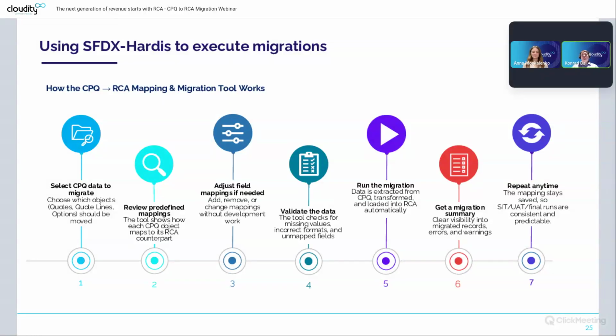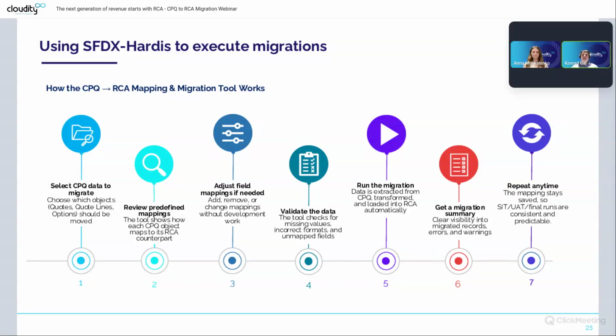And if you have not only the standard objects but also some new fields, so you've adjusted this model, you're able to configure that in this predefined mapping section as well. So you're able to customize to meet your business expectations and needs. Then the tool, of course, runs the validation of data.